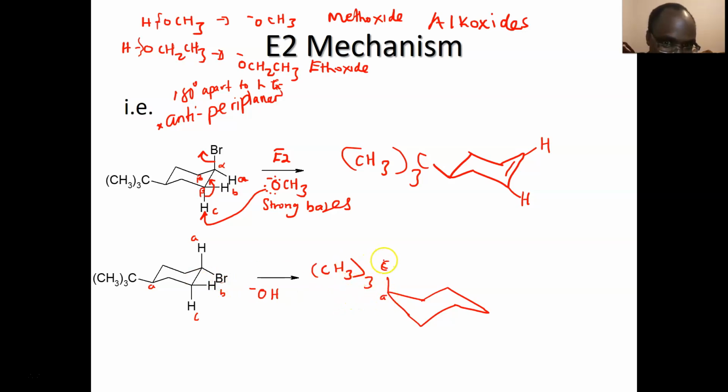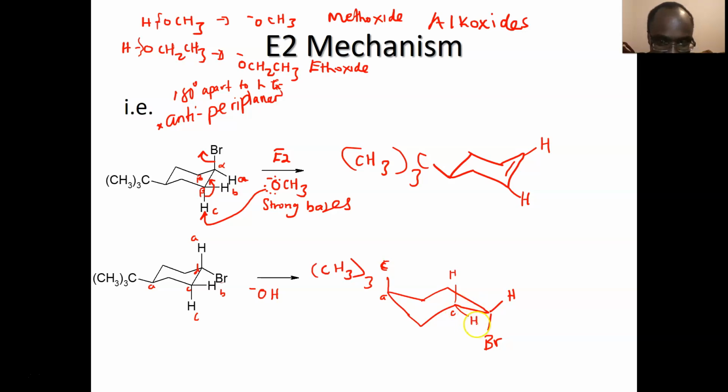It still has the tert-butyl group, and let's call ABC, then let's call this D. So C is right here, and then D, the bromine is equatorial down, so it's gonna go axial down.